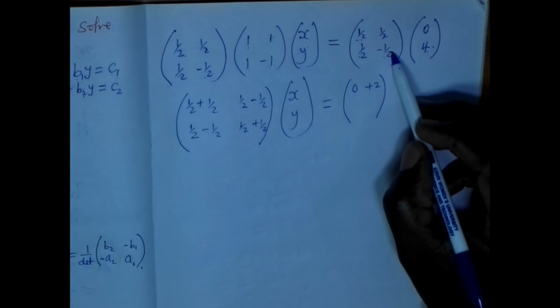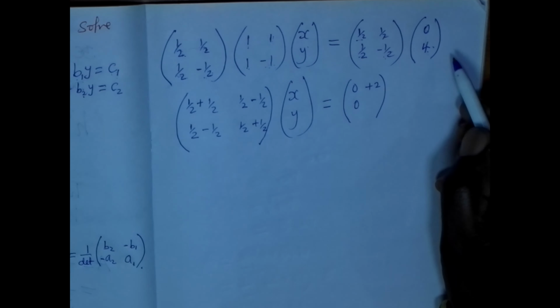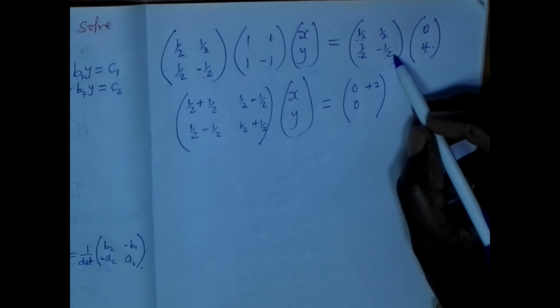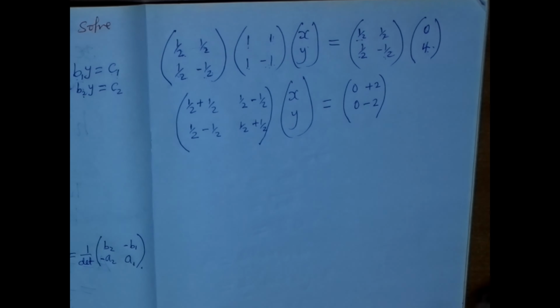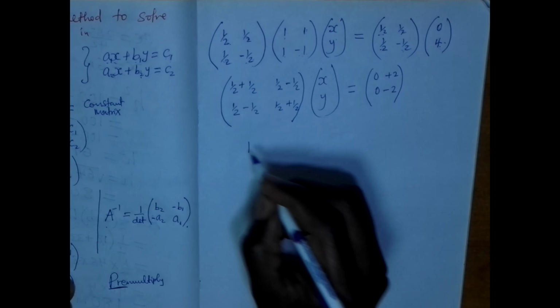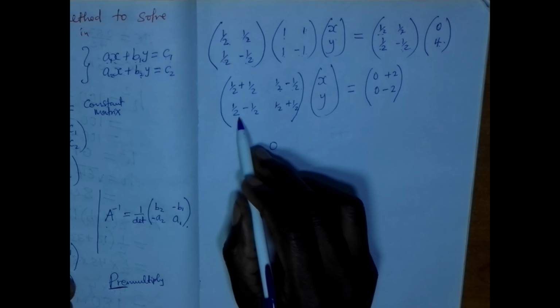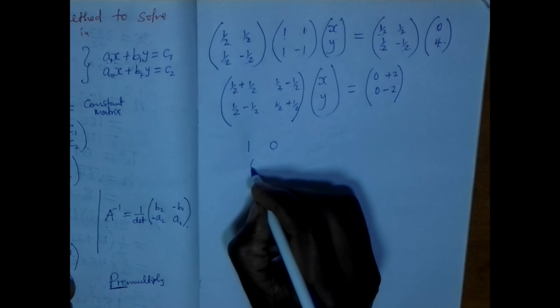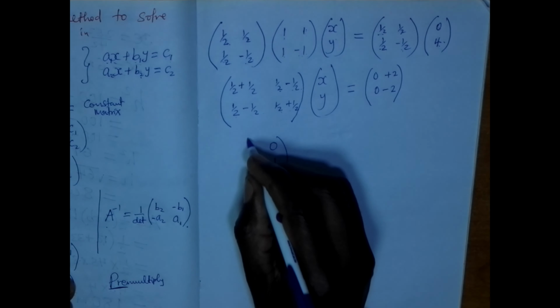Then second row: a half times 0 is 0, plus minus a half times 4, we get minus 2. On the left, a half plus a half is 1, a half minus a half is 0, a half minus a half is 0, and a half plus a half is 1.